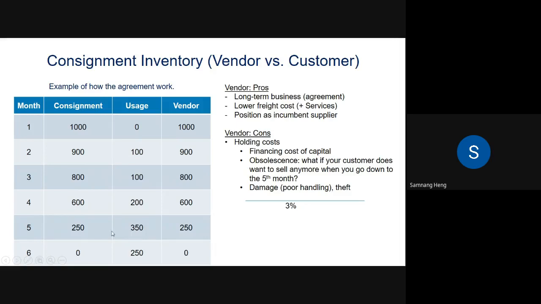But let's say in the 5th month, our customer doesn't want to sell it anymore, or in the next 3 or 4 months, I have to move my warehouse, or repair my warehouse, and I want all of the product to be gone. Then you have to deal with bringing our products back to our warehouse. So it costs shipping costs to bring our products back to our warehouse, and, yeah, it's another cost.